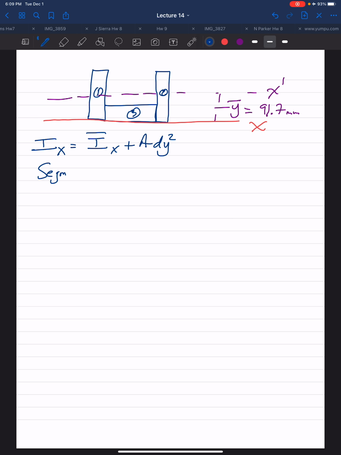So if we say segment 1, I bar x, sub 1, will equal, now Appendix B for a rectangle, go to that in your textbook, which is page 814 through 815, I sub x for a rectangle is 1/12 base times height cubed.